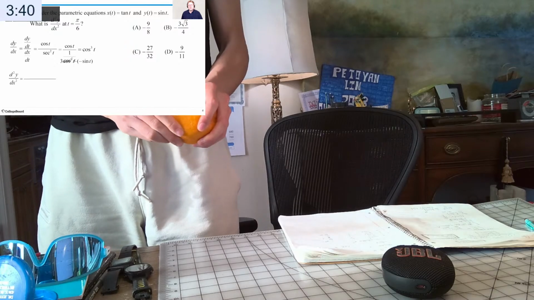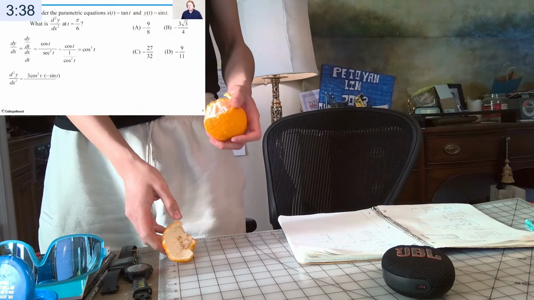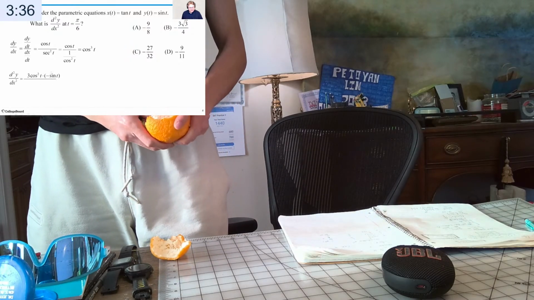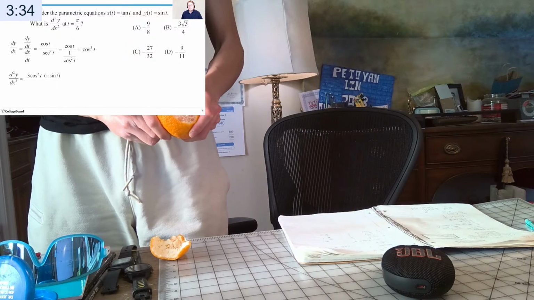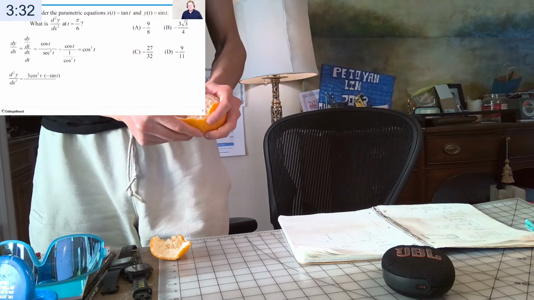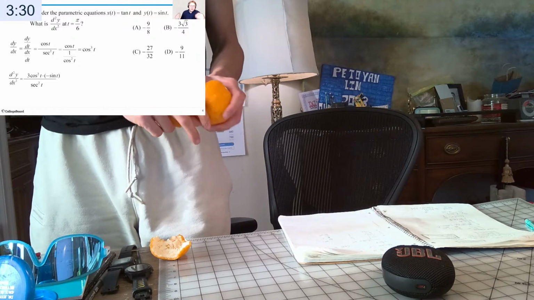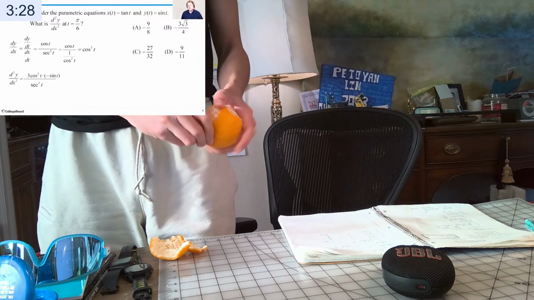Now that's a pretty tricky chain rule. Hopefully you follow that. The 3 comes out in front, cosine is now raised to the second. And of course this piece right here is your chain rule piece, du dt, and you take the derivative of cosine of t there. All right, now what comes next? Don't forget, you'll need that secant squared there in the denominator, or 1 over cosine squared, if we're going to refer to it as that in just a little bit.